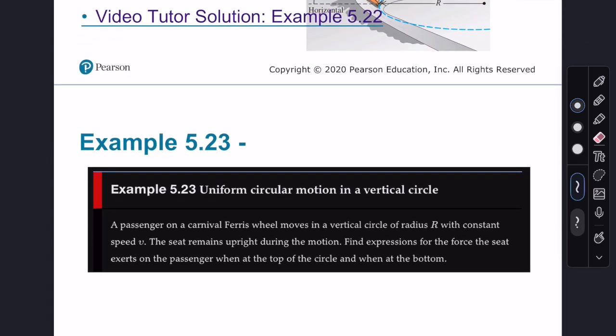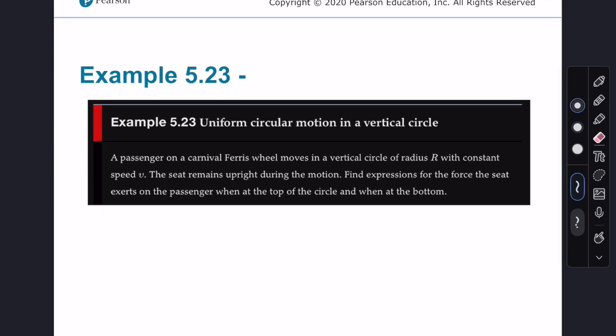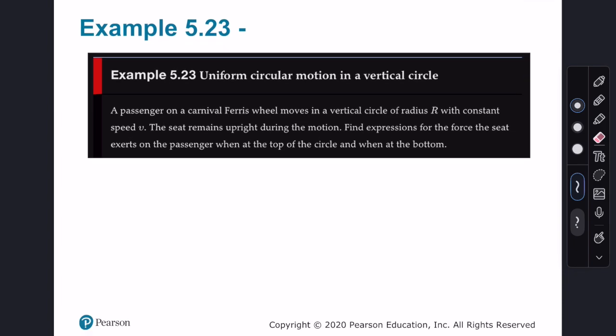Okay, so we're going to do one more example, and we're going to apply uniform circular motion, but now we're going to be in a Ferris wheel type situation in a vertical circle. So in other words, our centripetal force is going to be parallel or anti-parallel to gravity.